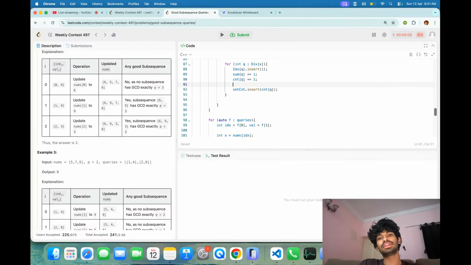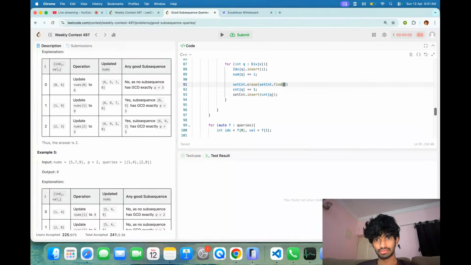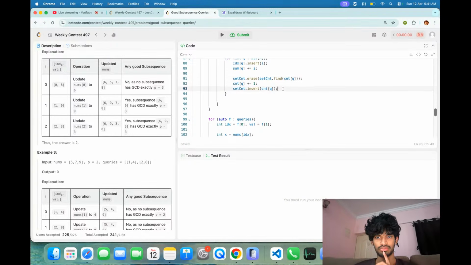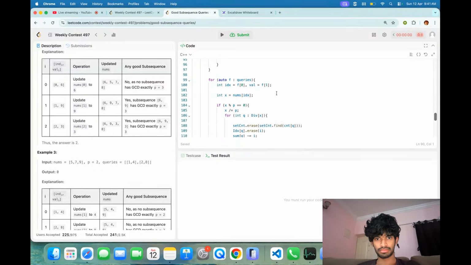Each time it's getting updated, you have to erase the previous count and then add the count. Otherwise, it will be wrong. So remove the old value, add the new value for this Q. And this we should do every time.